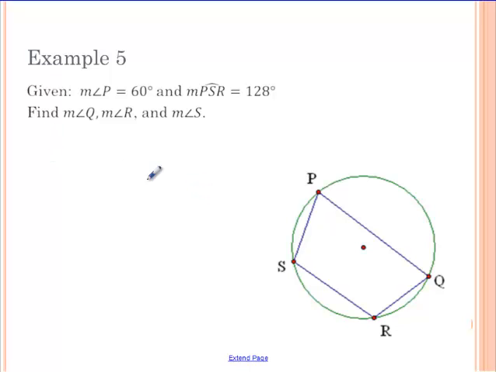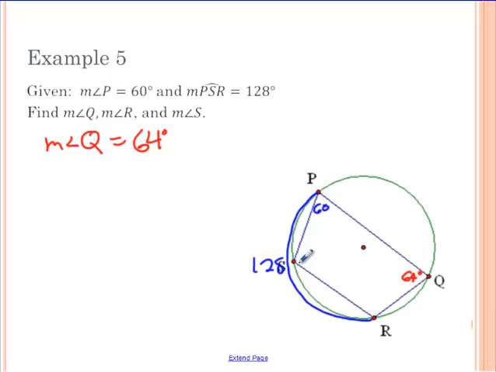Example 5, let's try this. Angle P is 60 degrees. Arc PSR, so from P to S to R, this entire way around is 128. Since that's 128, I can find angle Q, because that is the angle that cuts off this arc. So half of 128 is 64 degrees.